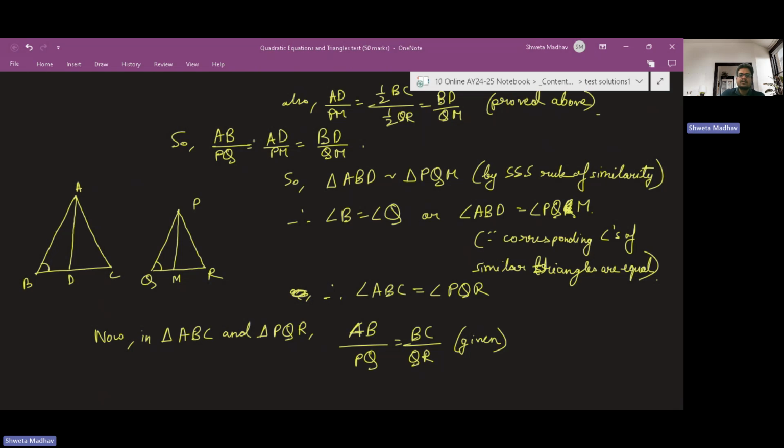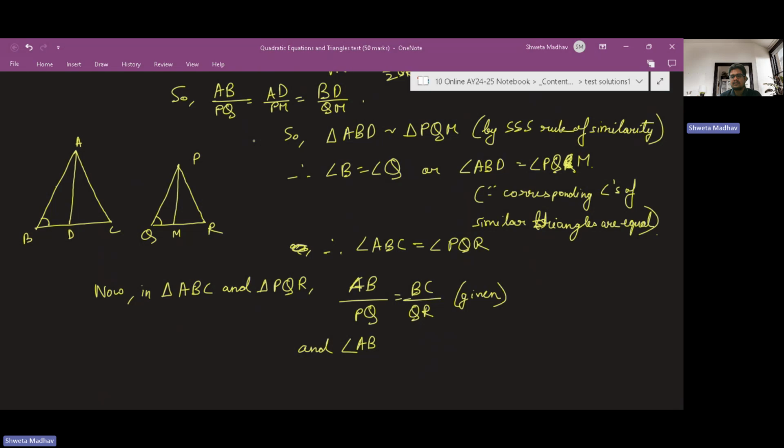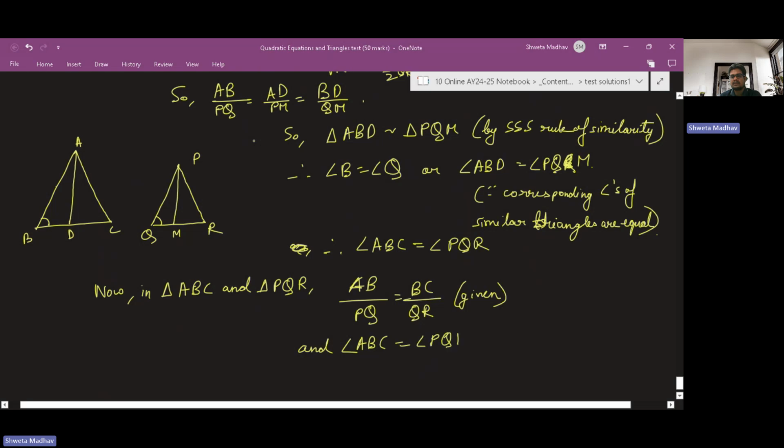And the included angle, which is angle ABC, is equal to angle PQR, which is proved above.